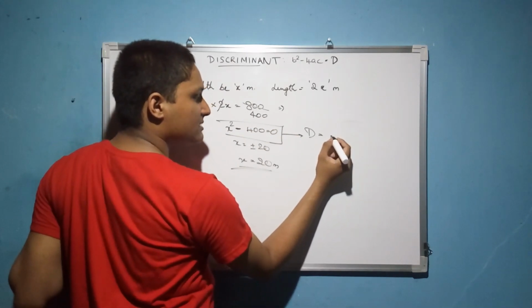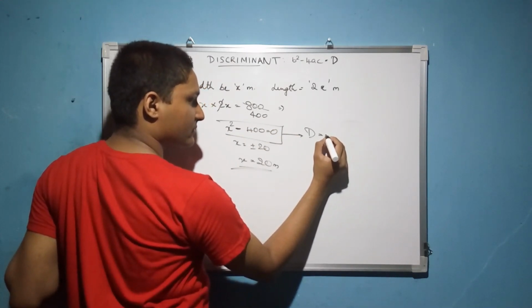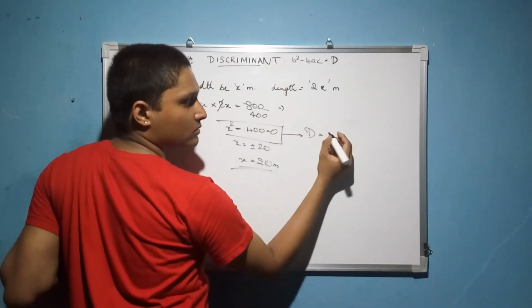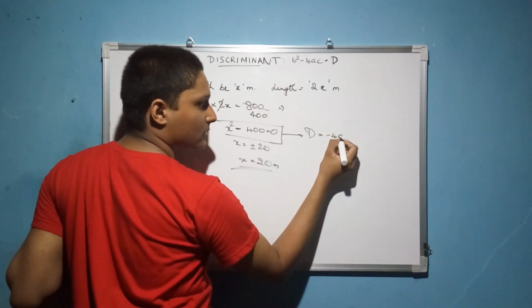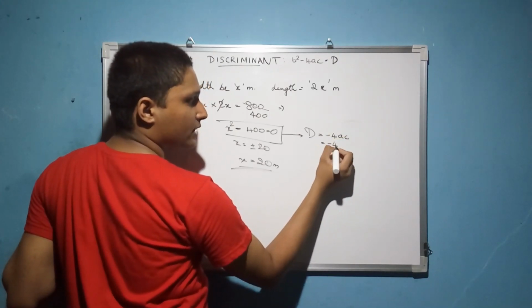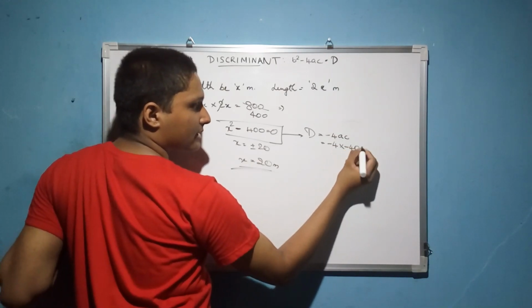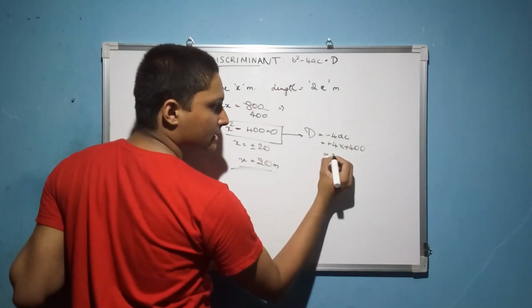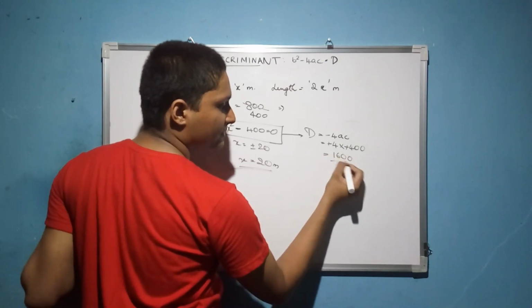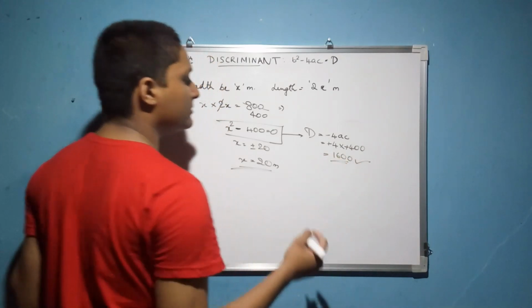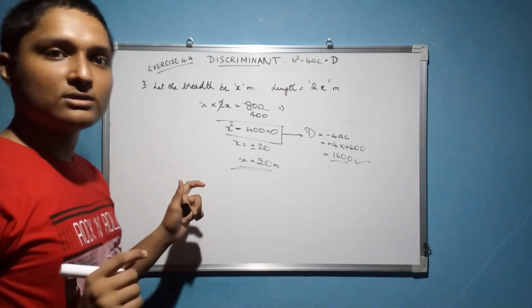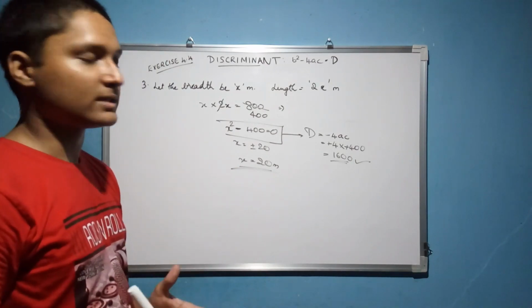Therefore, the discriminant becomes minus 4ac only, since b is 0. So minus 4 into a, which is 1, into minus 400. Minus and minus get cancelled. It is going to be 1600. So it is possible, that means two distinct real roots are present.